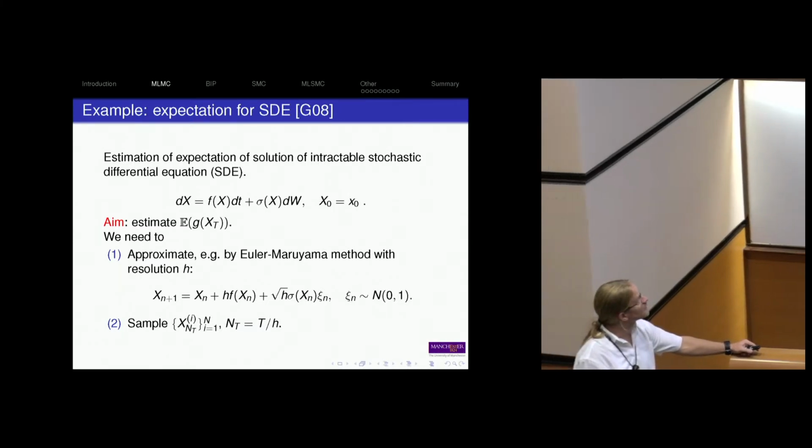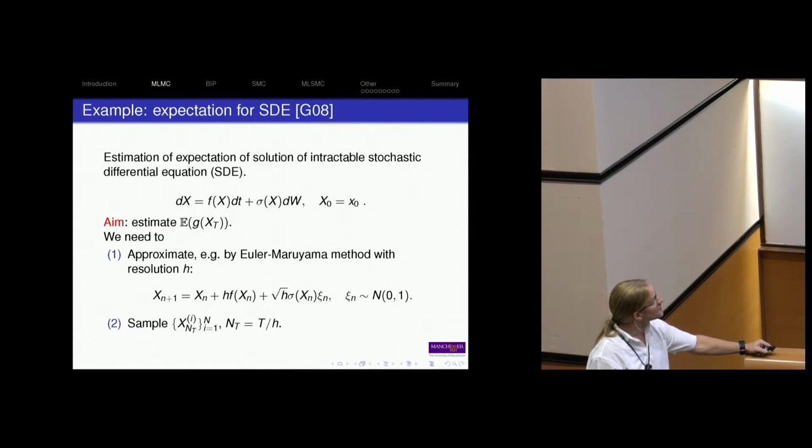What I mean by solve exactly is, for very few pairs f and sigma, can we actually sample from X_T capital? And ultimately, we want to estimate the expected value of some function of the solution at the final time.